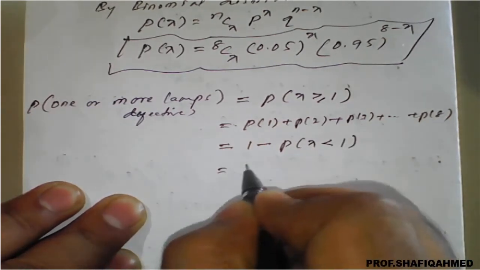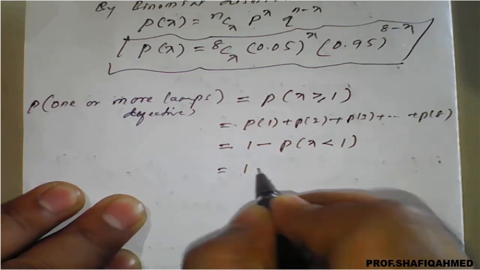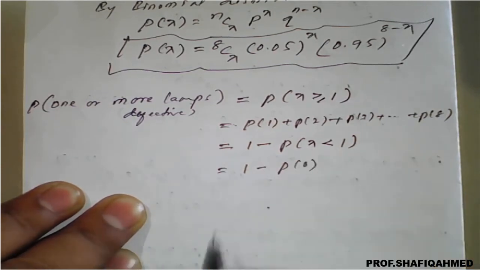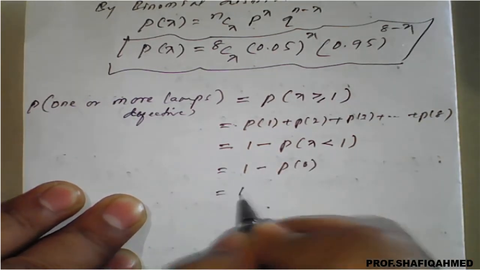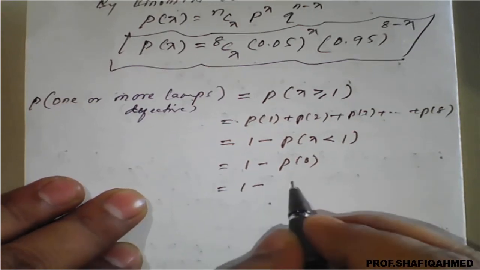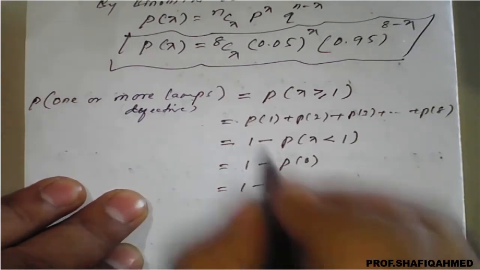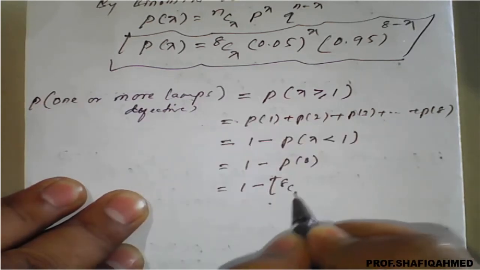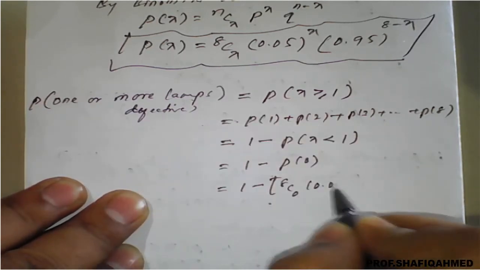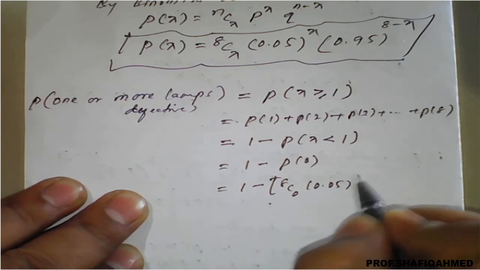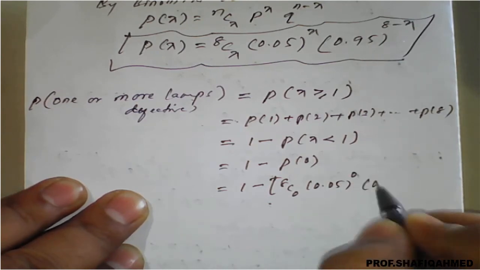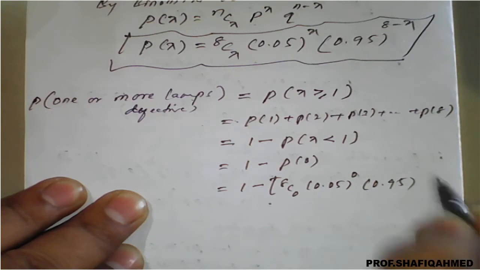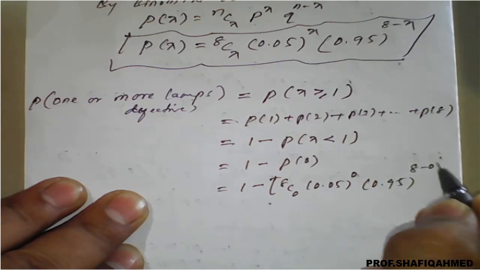Strictly less than 1 means less than 1 we have only 0, that is P of 0. So 1 minus P of 0 means, in this formula replace x equal to 0, it will be 8C0 times 0.05 raised to 0 times 0.95 raised to 8 minus 0.